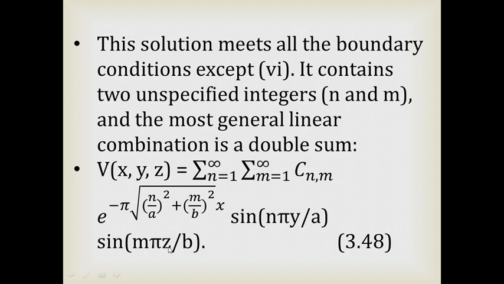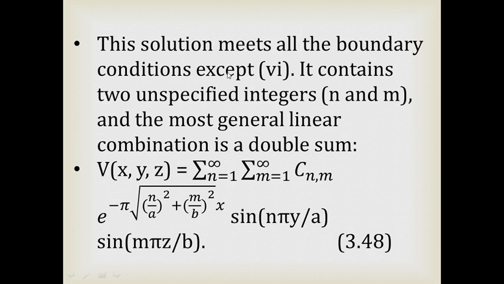This is our solution. But still the sixth boundary condition is not satisfied here. But there is some coefficient C nm which is buried in this equation. If we find out that coefficient, then this sixth condition can be satisfied.